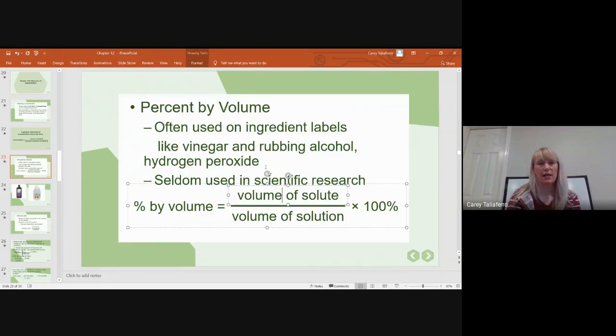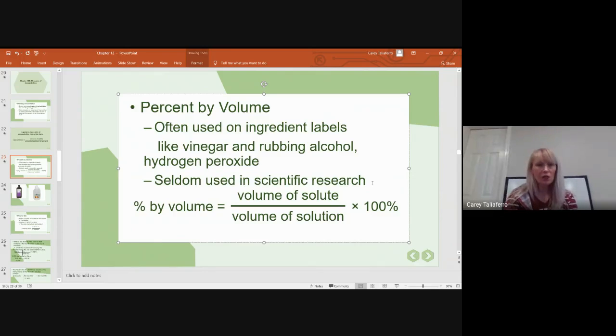For hydrogen peroxide, you'll see a percentage on the label. This is not generally used as a marker in scientific research. When you're doing laboratory studies, you don't deal with the percent by volume. But I wanted to mention it because it's common enough that I don't want you to get confused now that we're going to learn the chemistry side of things, what things look like when you go into a grocery store.